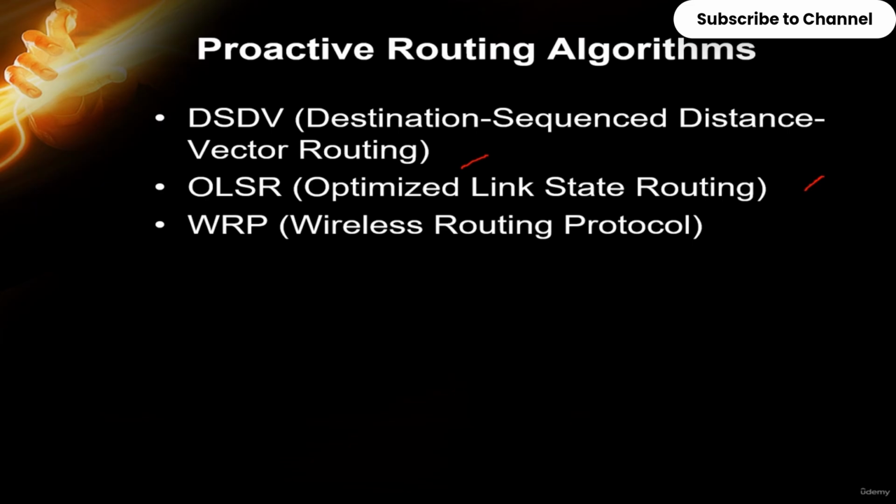Only MPRs forward link state information, which reduces the broadcast messages. It also provides periodic updates of messages and maintains link state information, that is, each node maintains topology information about the network to compute the shortest path between nodes.